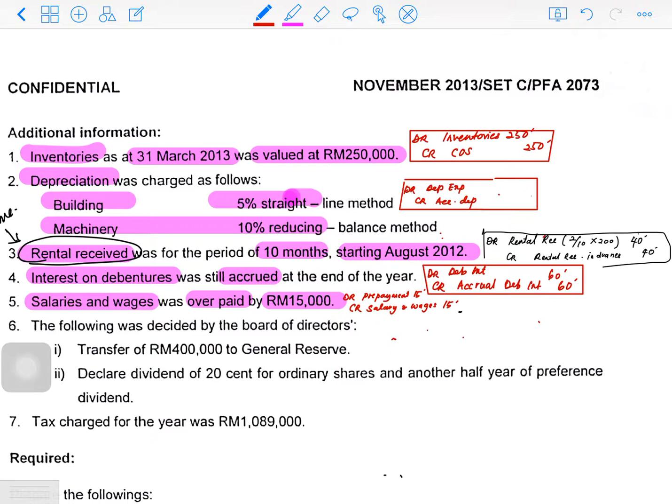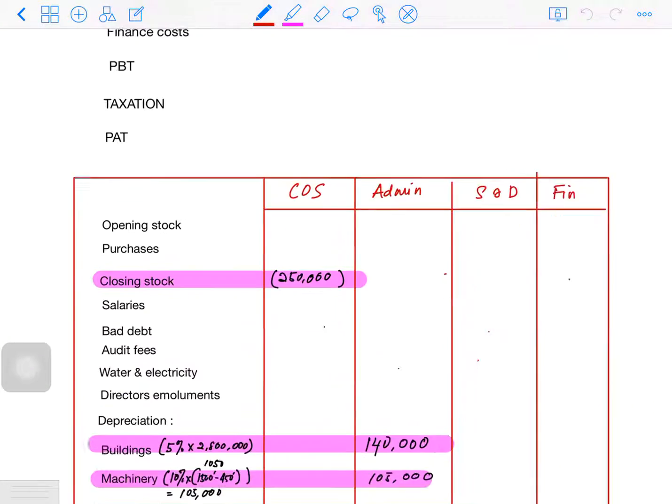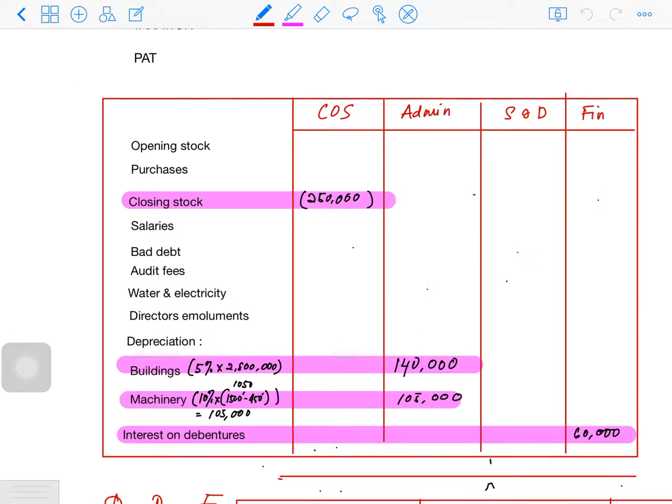Okay, so salary and wages should be under admin.